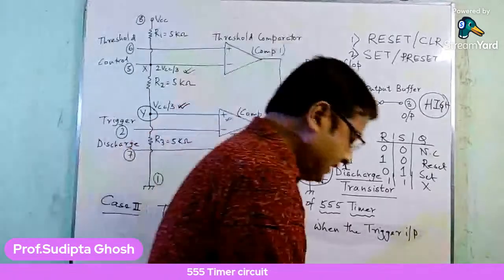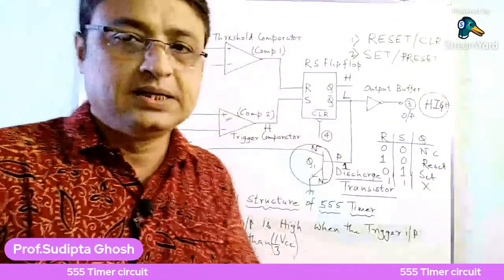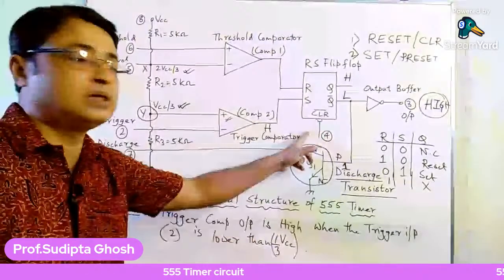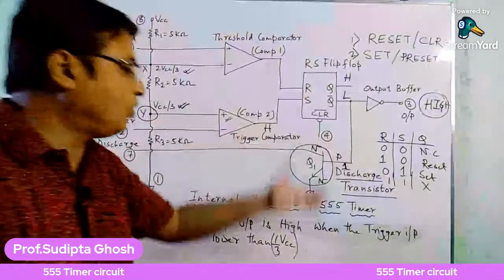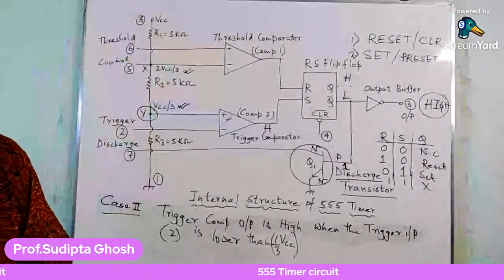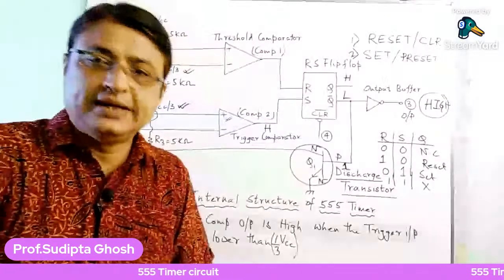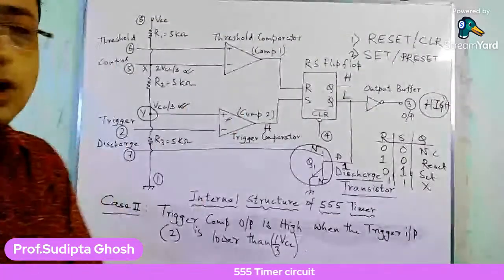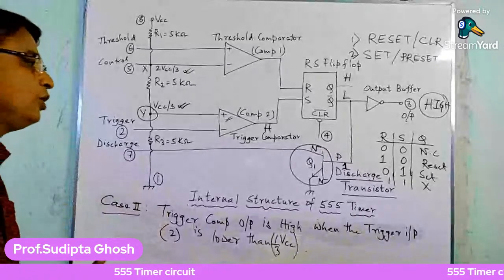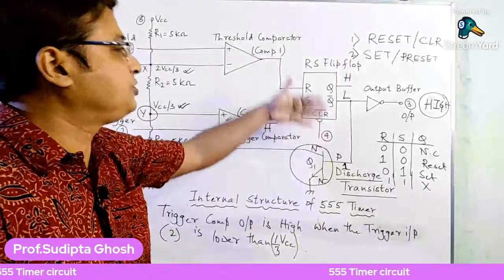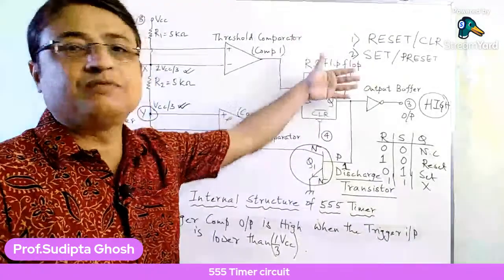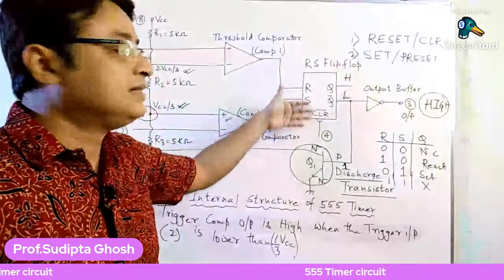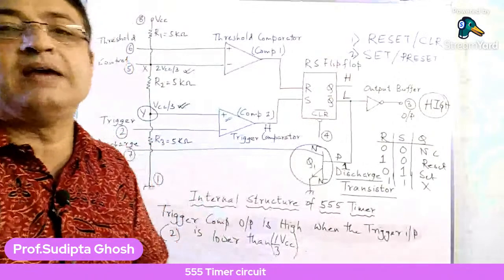Okay. Now let's discuss the different pins here. First of all, I've already discussed the CLR bar pin, or pin number 4. Whenever we apply a low value, a 0, very close to 0, that means below 0.4, from 0 to 0.4, in this clear terminal, it makes the value of the Q output low, because the clear input is activated by giving a low value.